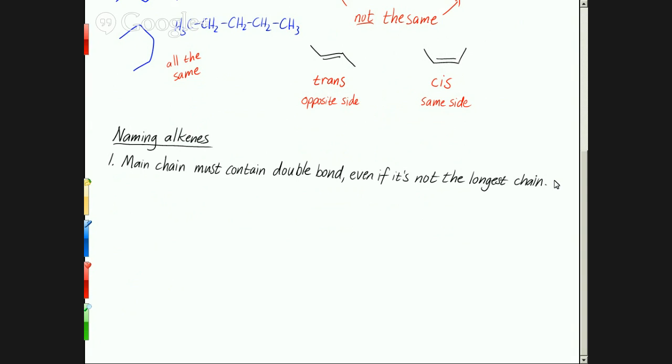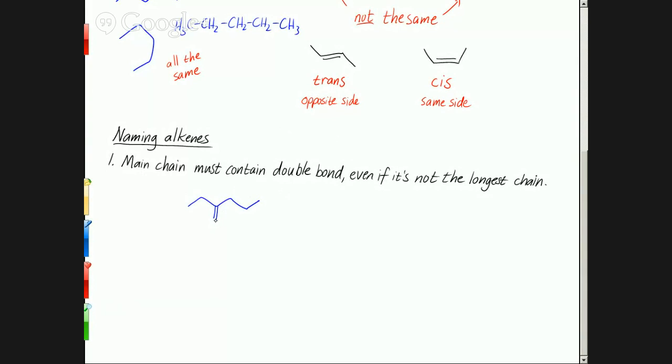That's a little bit different. So if we see something like this structure, normally if this were just an alkane, we would say that the longest chain is here, 1, 2, 3, 4, 5, 6. But because of this rule, the double bond has to be in the main chain.